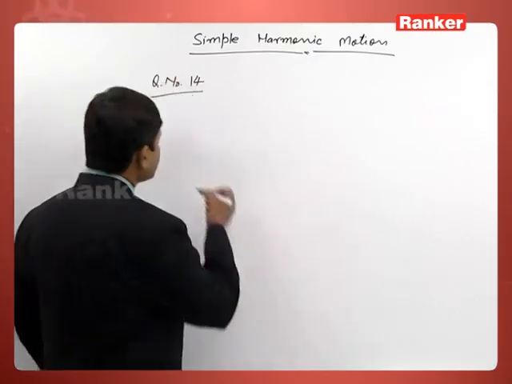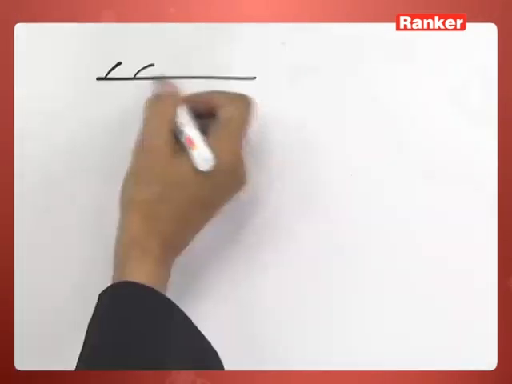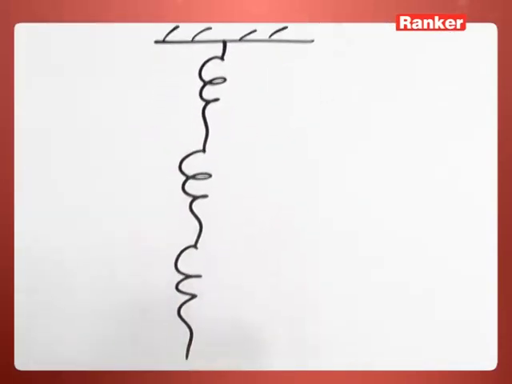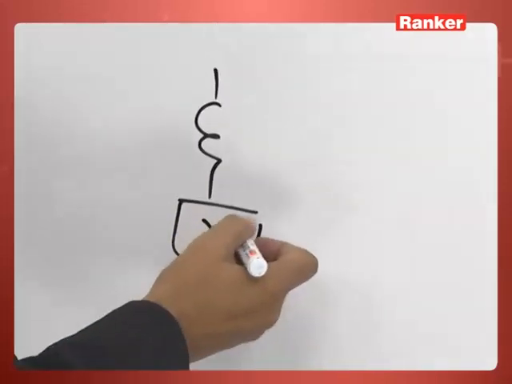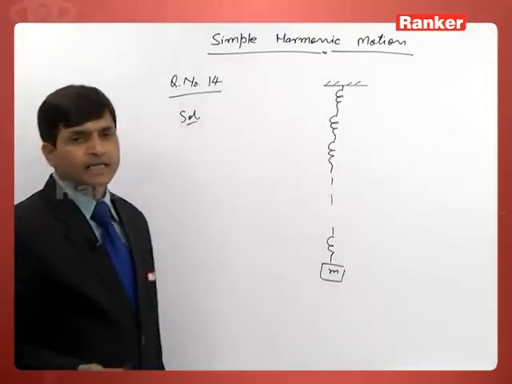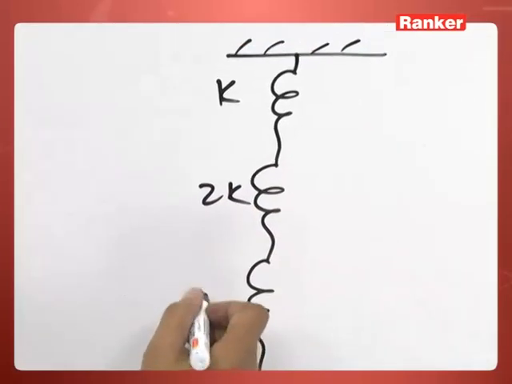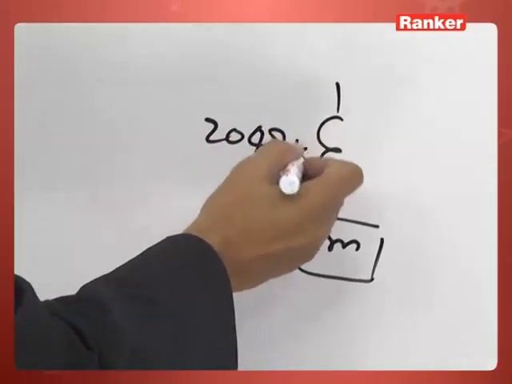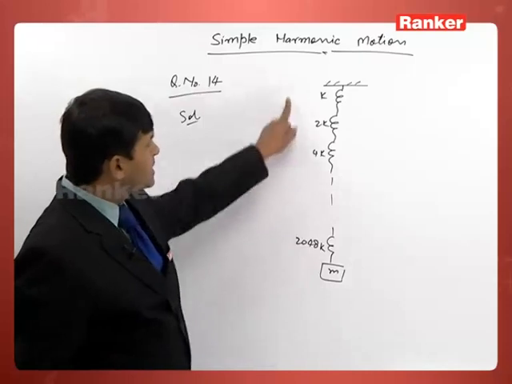Here, as per the question, the number of springs are given 1, 2, 3 and so on, and their force constants vary as k, 2k, 4k and this is your 2048 k. So all these are in series.